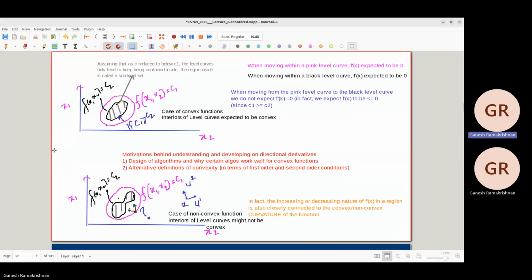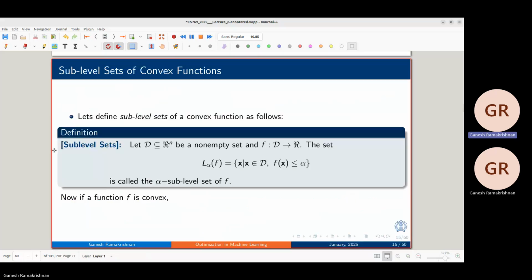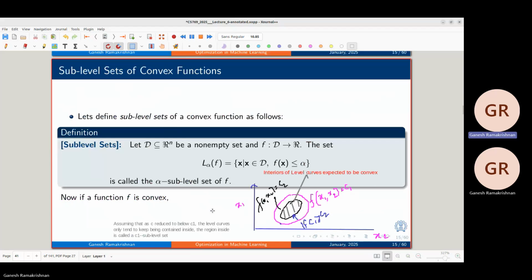If the function f is convex, what was your intuition? Many of you had some intuition. If the function f is convex, you are saying that the sublevel set should always be convex. That's how you're confident. The interiors of these level curves from the previous picture, you expect them to be convex.